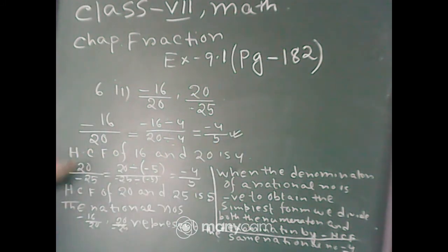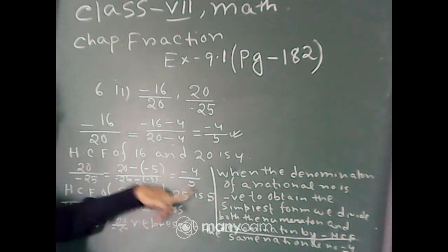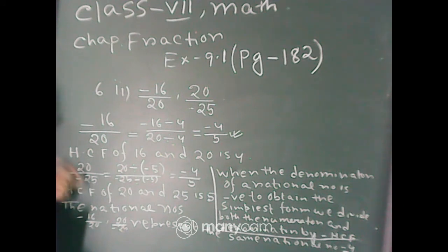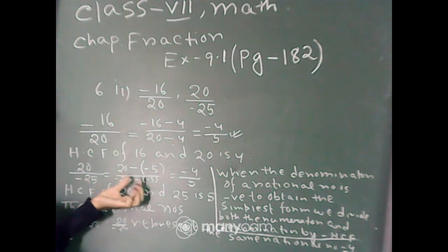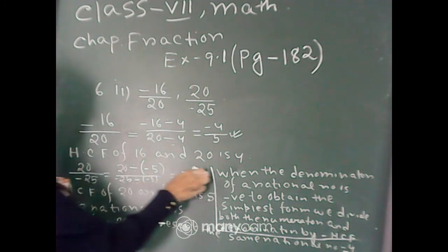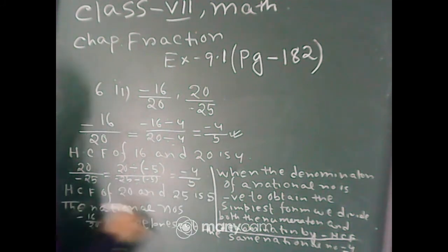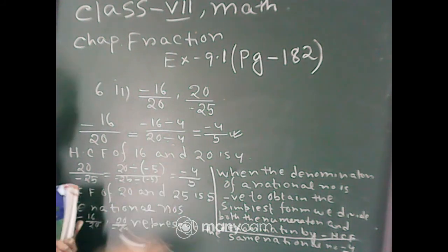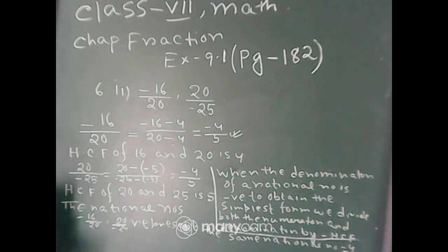Now, we take 20 divided by minus 25. Here the denominator is negative and the HCF of 20 and 25 is 5. Therefore, to make the denominator positive, we divide both by minus HCF, that is minus 5, and we get minus 4 divided by 5. Therefore, the rational numbers represent the same rational number minus 4 divided by 5. Clear?